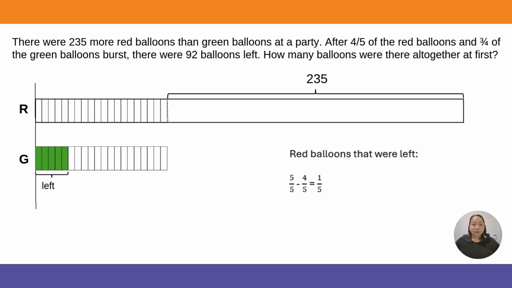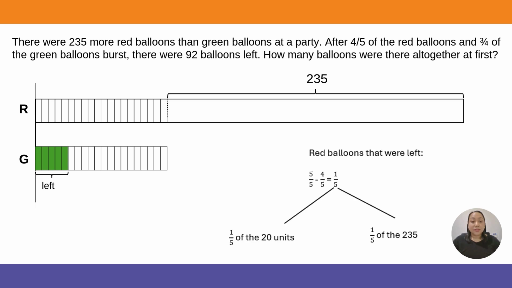We also know that four-fifths of the red balloons burst. So to get the red balloons that were left, we need to deduct four-fifths from five-fifths. And the answer is one-fifth. Since one-fifth of the red balloons were left, we need to get one-fifth of the 20 units and one-fifth of the 235.